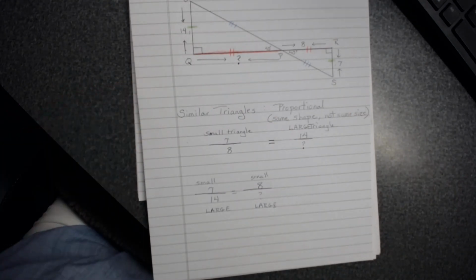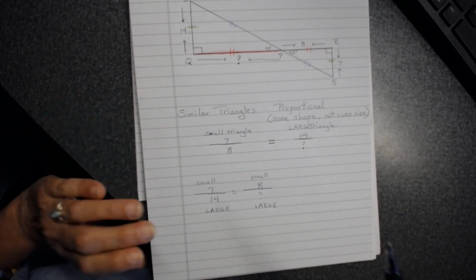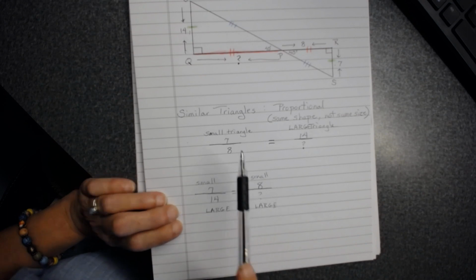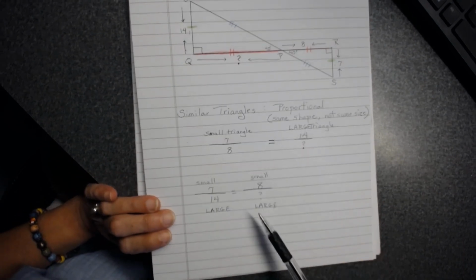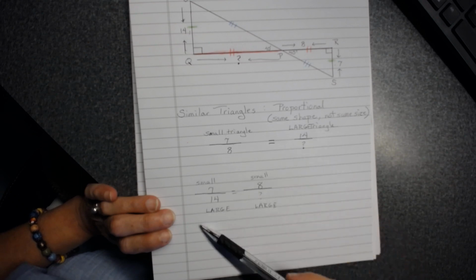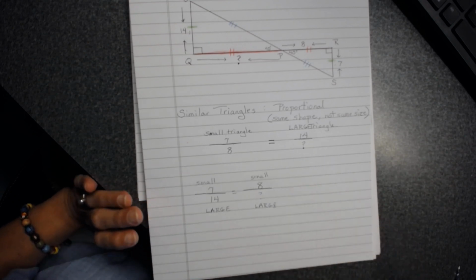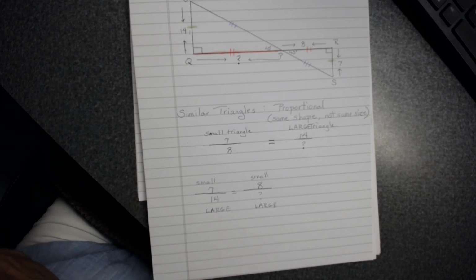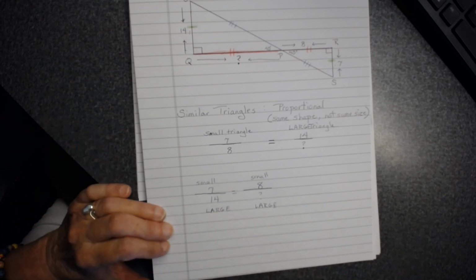Okay, so we have it, they are proportional. If you notice, 8 times 14, 8 times 14, those are diagonal in each of those choices. So that's going to work however you decide you want to set it up. But be sure you're very careful to keep your units matching. Okay?